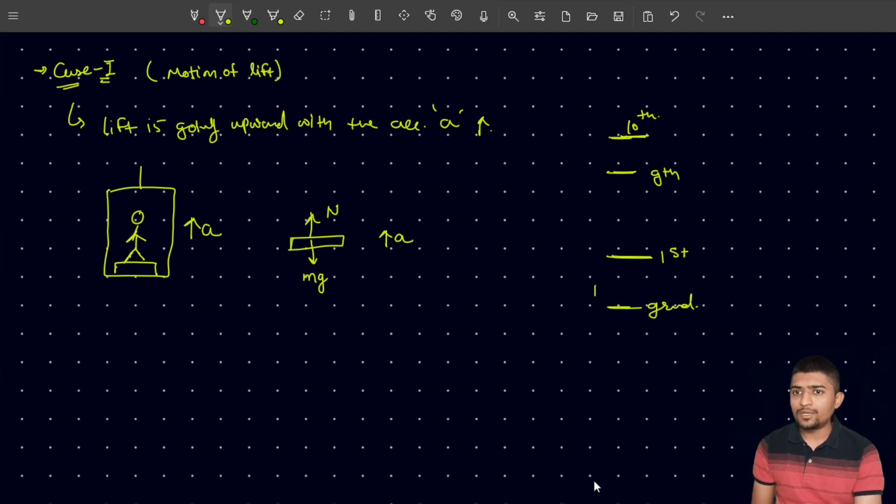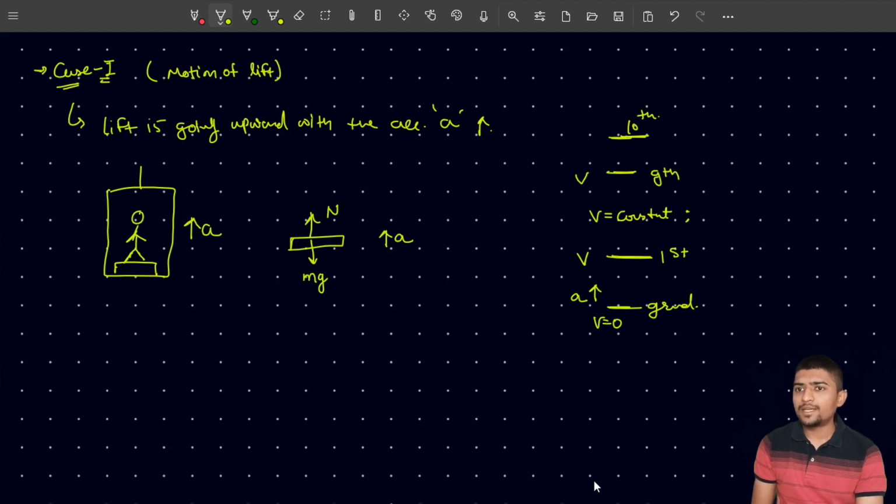Now it is going upward with acceleration A. So what happens in the lift case? It starts at velocity 0. It will go to the first floor with acceleration A and after that it will attain the velocity v. It is constant till the 9th floor, and from the first floor to the 9th floor its velocity is constant.